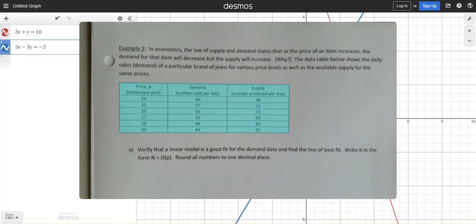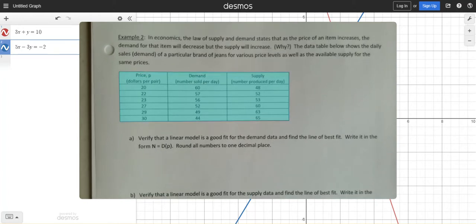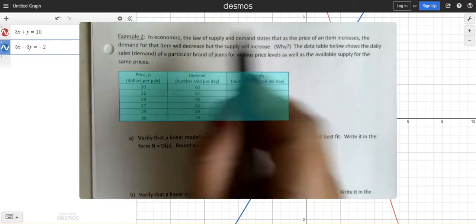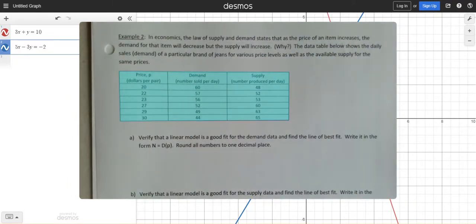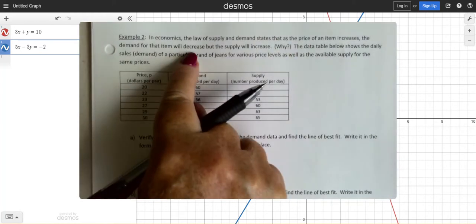If you've taken an economics class, you probably have heard the law of supply and demand. Basically, in a common sense way, it says that as the price of an item increases, the demand will decrease, but the supply will increase. So if price goes up, fewer people will buy it. It gets too expensive, you stop buying something.